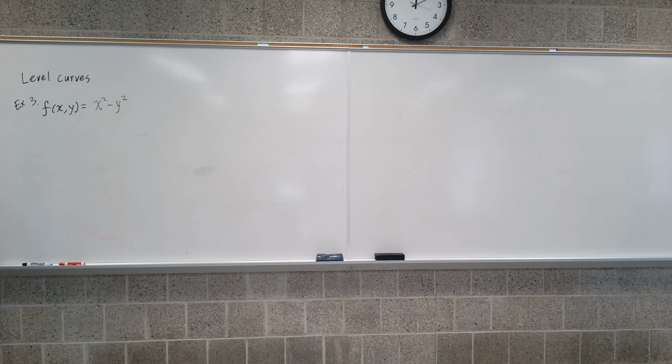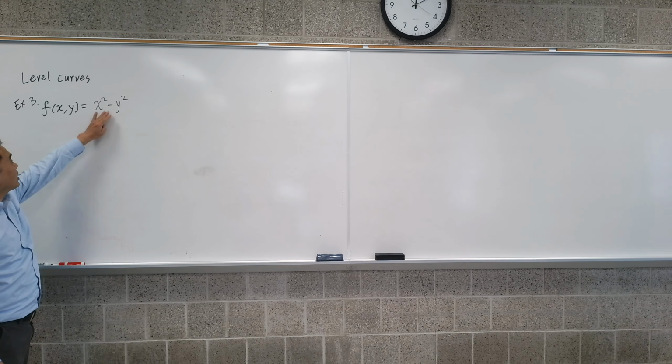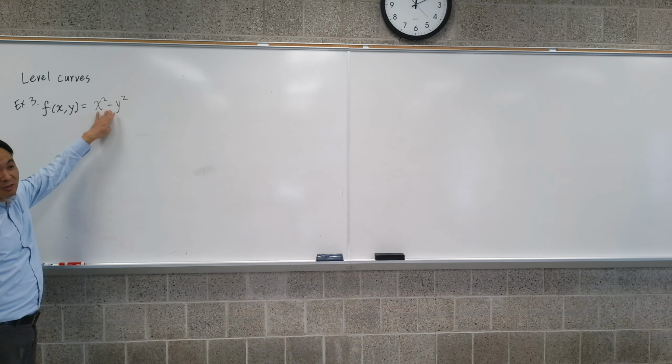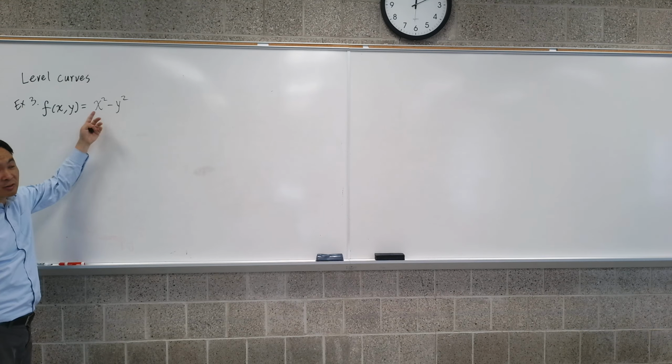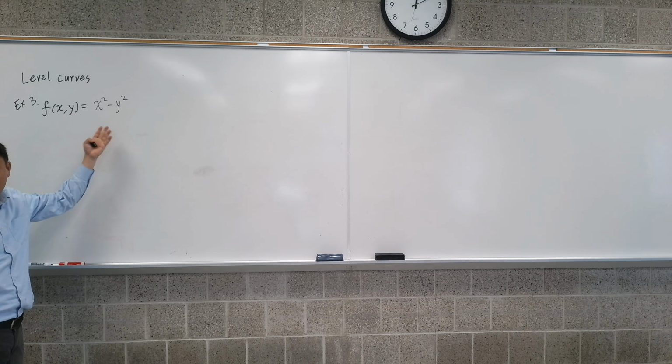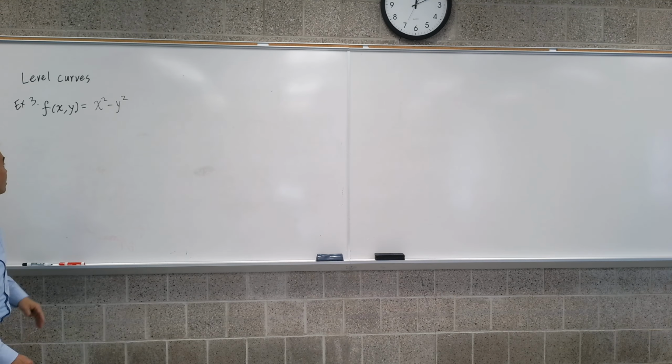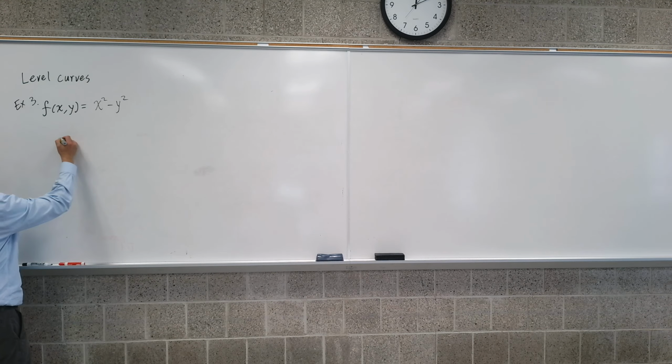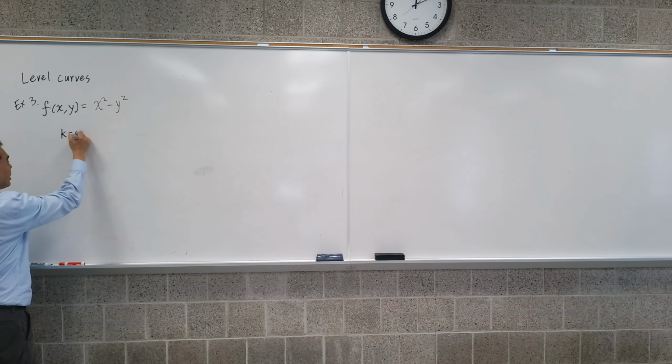Okay, now in the next example, I went from plus to minus. This time something changes. This time you can have k value to be negative, because if you subtract two things, if y is bigger than x, of course they can be negative, right? So we're going to first start with k equals 0.